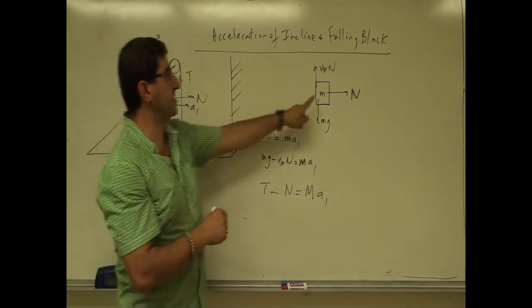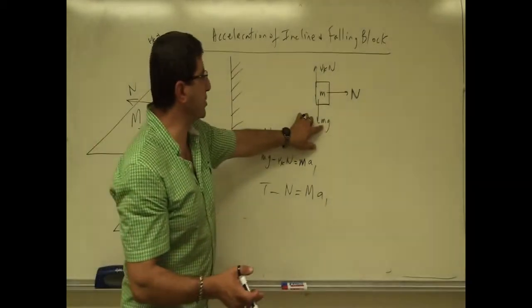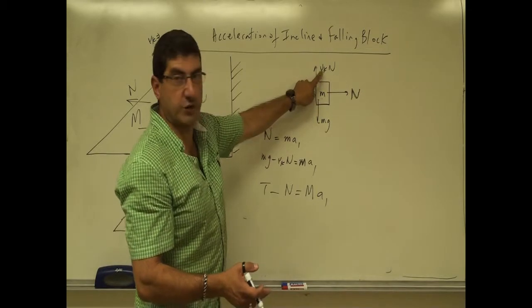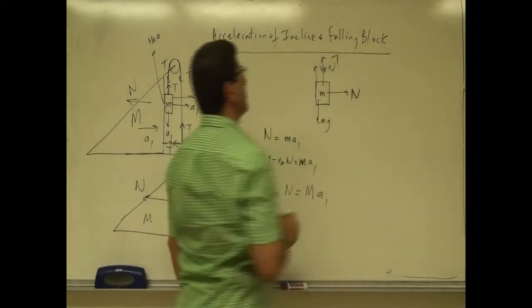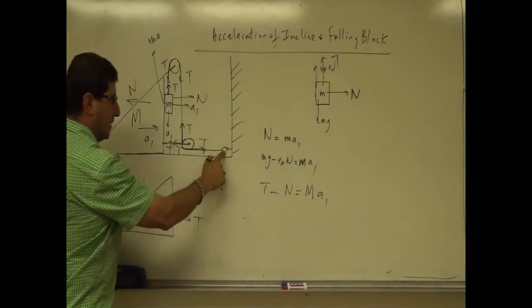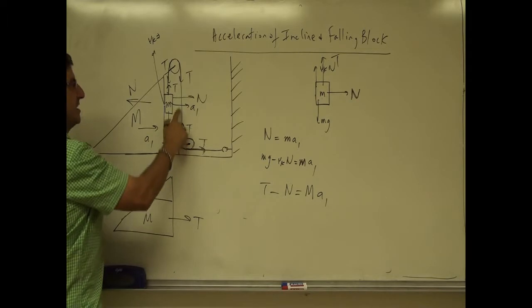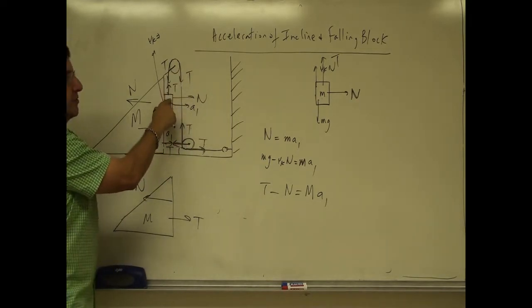So that means there's another force on the little block. You have to have another force. Besides its weight, and besides the friction force pushing up on it, there's also tension T pushing on the block up, right? It's the continuation of this tension, tension, tension, and all the way connected to this block, right?